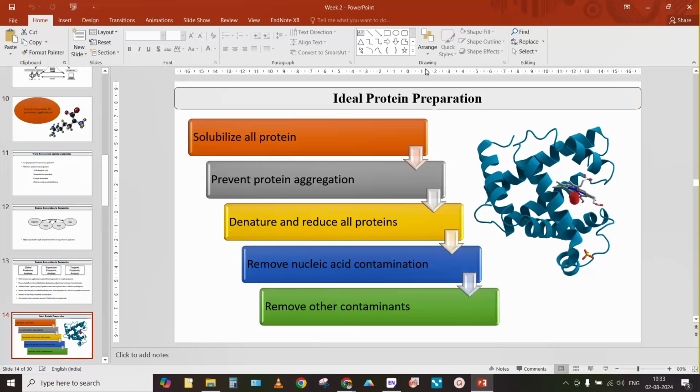If we are talking about plant roots, you may have to get rid of phenolic components. Similarly, you have to think about specific sample types and what the major contaminants in that particular sample could be. For example, serum is rich in a lot of soluble components, and you need to get rid of those. So an ideal protein preparation should involve all of these steps as I mentioned previously.